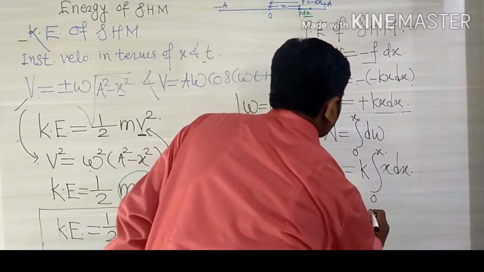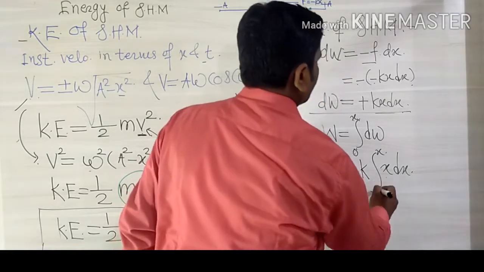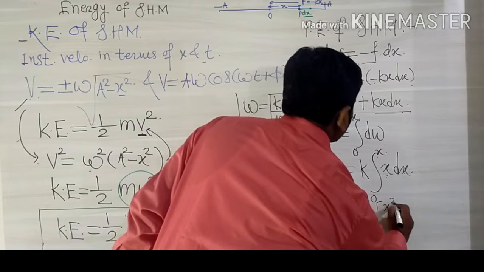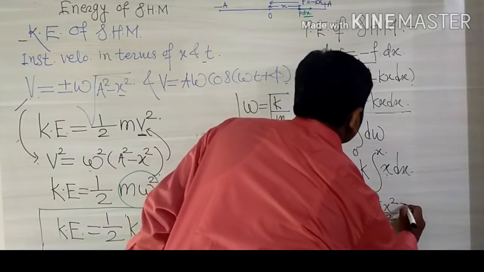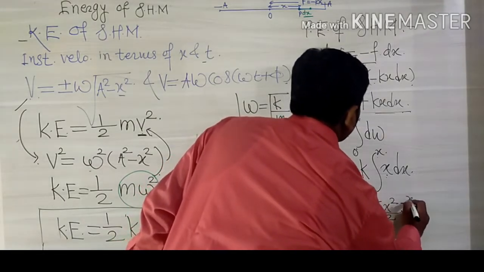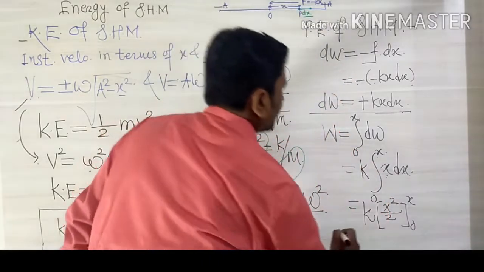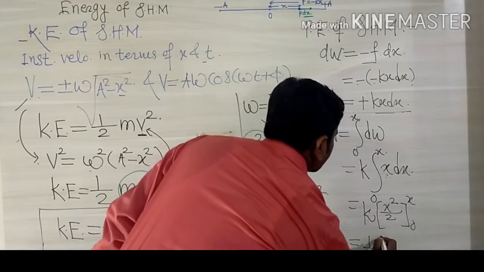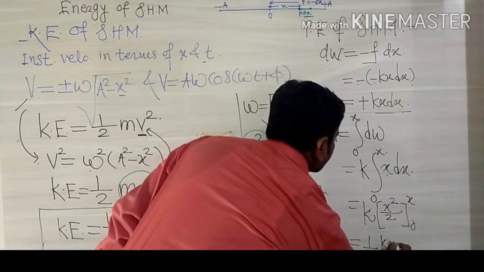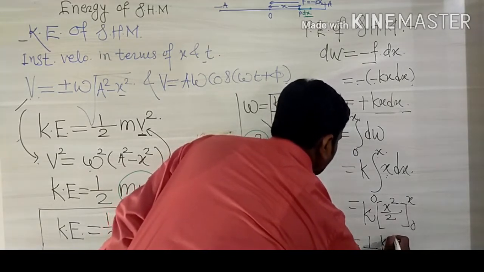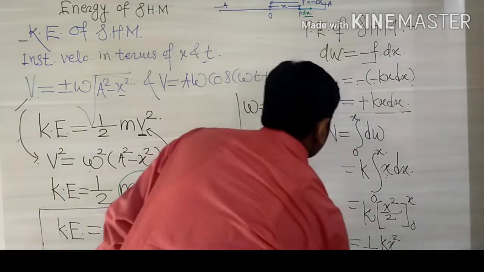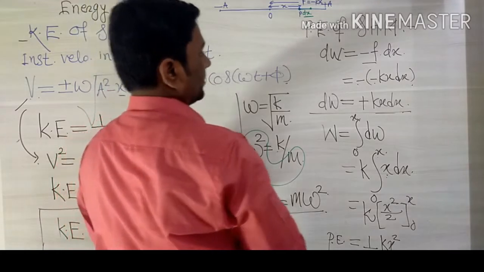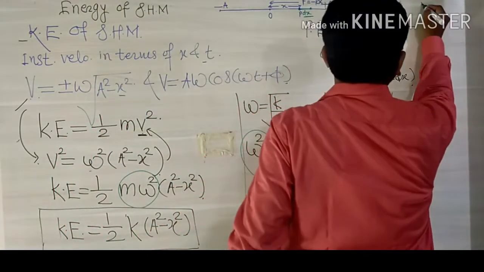We know that the integration of x dx from 0 to x is x square divided by 2. So we get 1/2 kx square. This work done is stored in the form of potential energy.